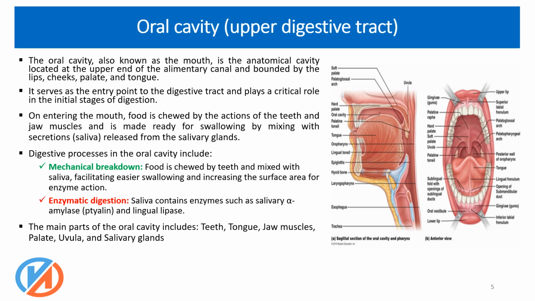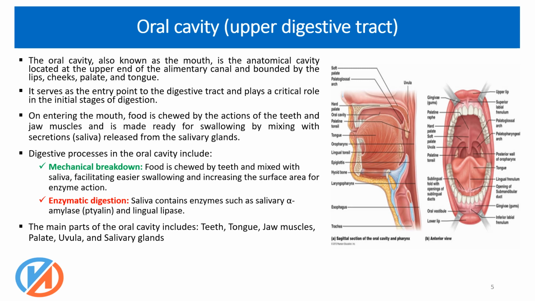Okay. Let's start discussing the oral cavities, which is the upper digestive tract. The oral cavity can also be known as the mouth and is the anatomical cavity located at the upper end of the alimentary canal and bounded by the lips, cheeks, palates, and tongue.